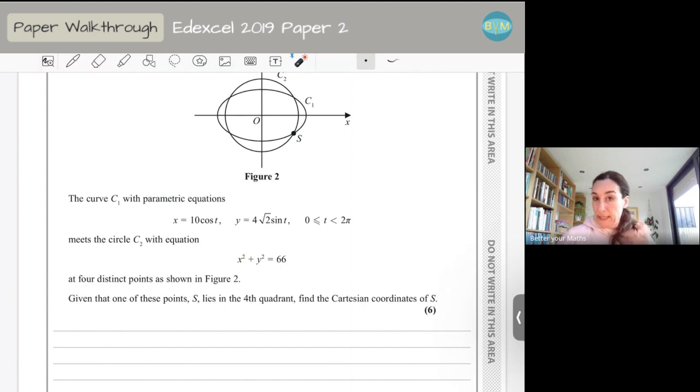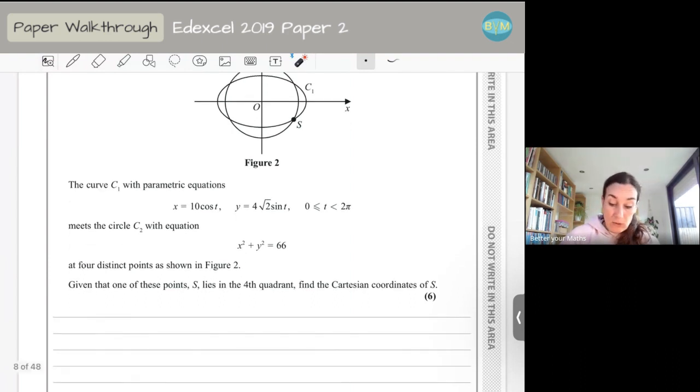If you think a tiny bit, you will see very quickly that you can substitute the x here, substitute the y here, and then you have just an equation with the parameter. There are different ways of solving simultaneous equations, but in this case, we want the parameter, because when we have the parameter, we can find the x and y. So we can easily have one equation only with the parameter.